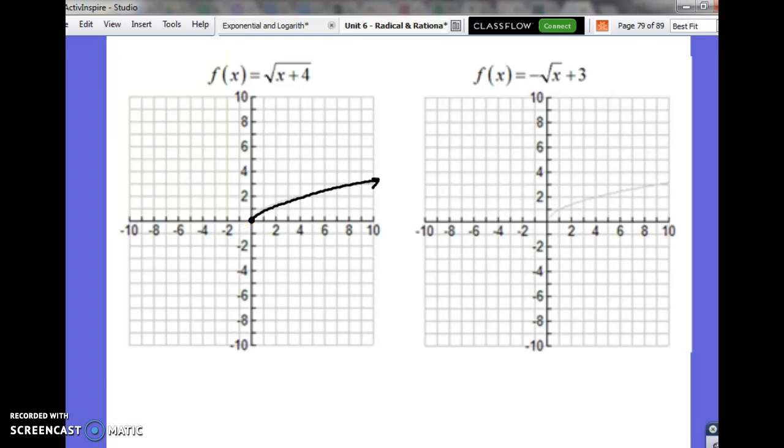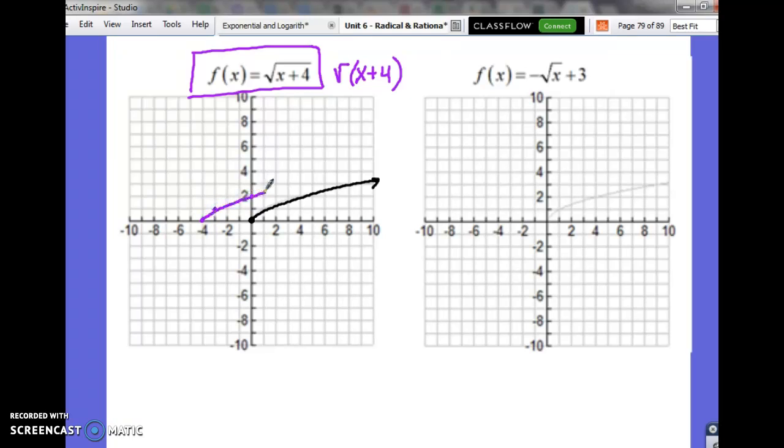If you then graph this in your calculator, you have to make sure x plus 4 is completely under the radical, or if you have an 83 or an old 84, when you get that parentheses after you hit square root, you have to put in the plus 4 that way and close your parentheses. So when you look at that graph, just like other translations, it's been shifted 4 units to the left.